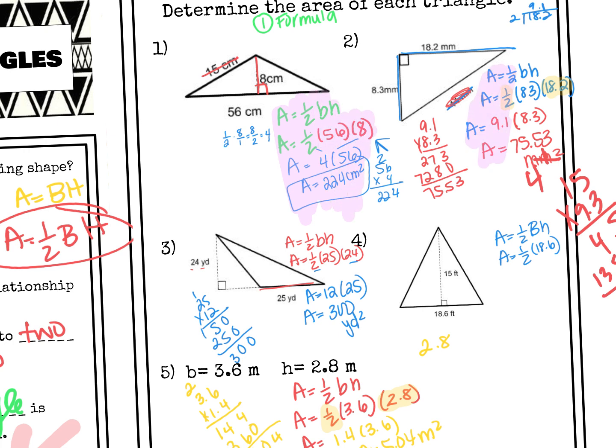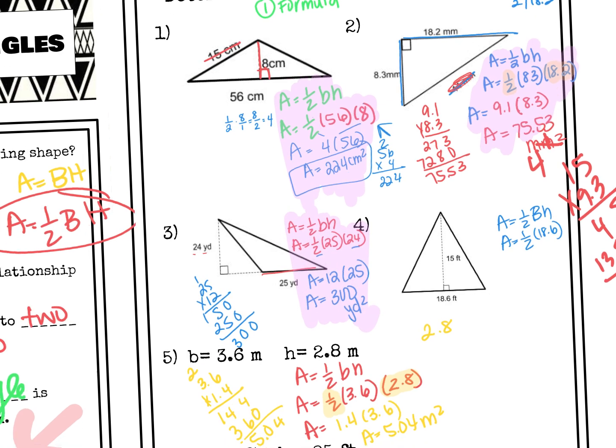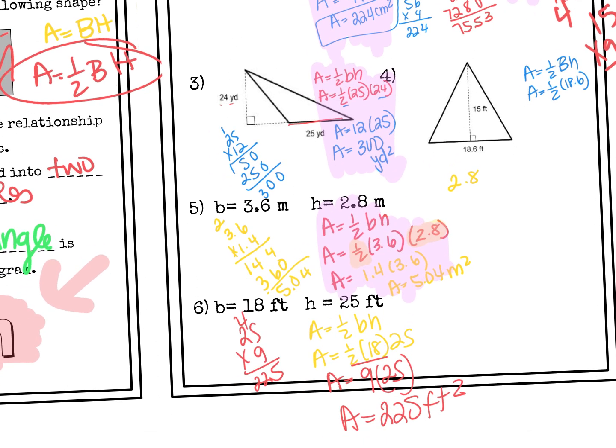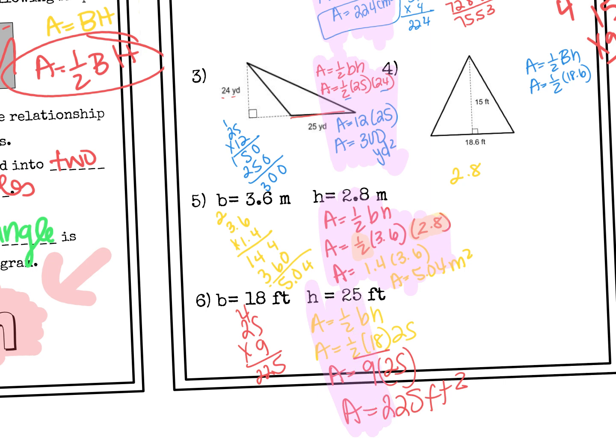I kept this all line after line after line. This one I did too. And this one I did as well. And this one right here I did as well. That is how your work needs to look like.